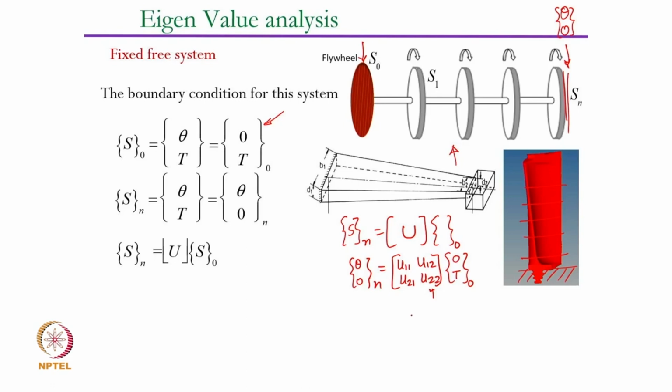can I write that from the second equation here, 0 is equal to U22 into capital T? Can I write this? And T means T0. Isn't it? Now, when will this particular equation be 0? At all times. Please make a note that this has to be satisfied at all instants of time.